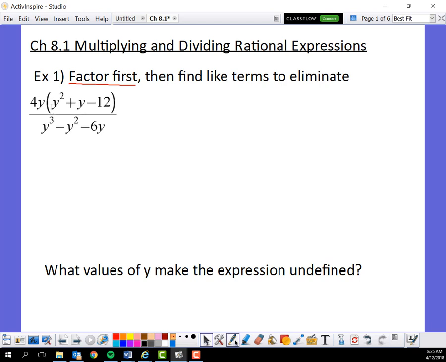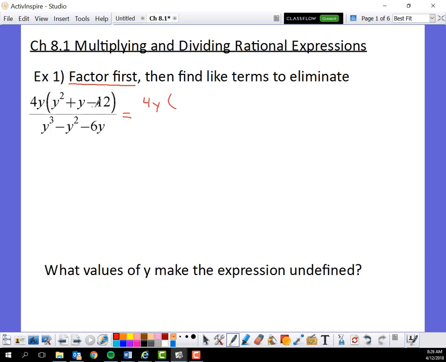So the numerator, what I see here is I have a 4y. That's fine. We don't need to change that at all. But I also have this trinomial. Maybe one of the hardest parts of this section is going to be remembering how to factor. This factoring could be a lot more difficult than it is because my lead coefficient here is a 1. And if you remember from Algebra 1 and then again earlier in Algebra 2, factoring when your lead coefficient is 1 is super easy.